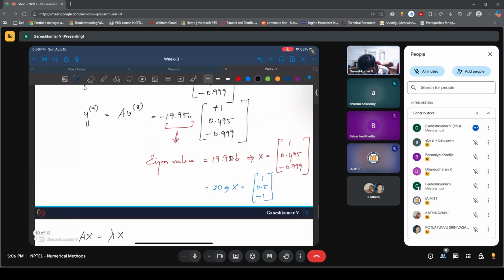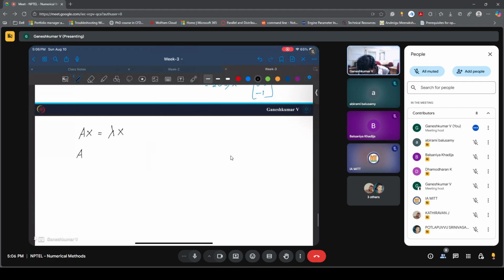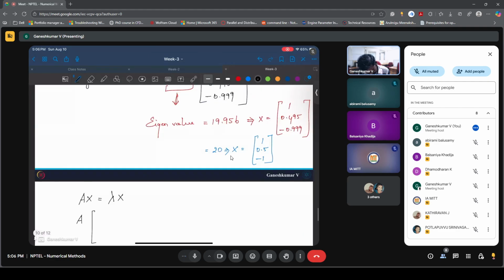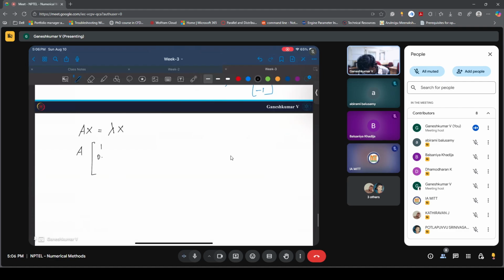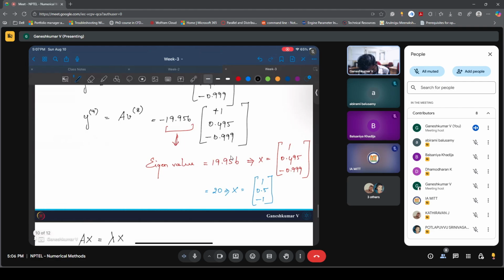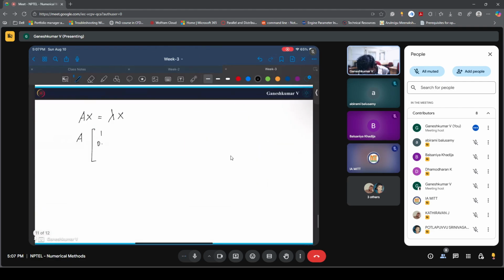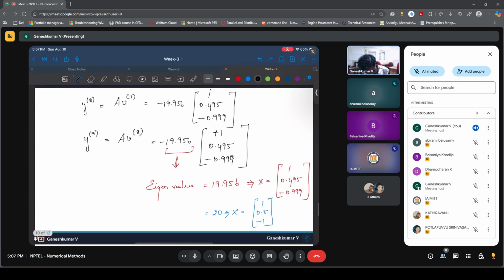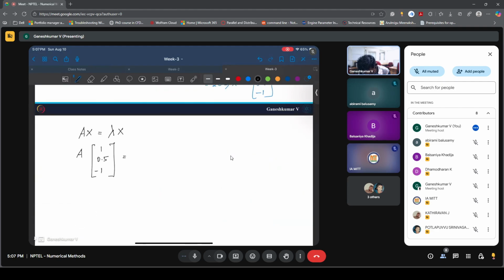So what we wrote is A times this x we are taking, which is 1.5 minus 1. This is what we got at the final iteration, and I'm saying it is going to be minus 20 times 1.5 minus 1.